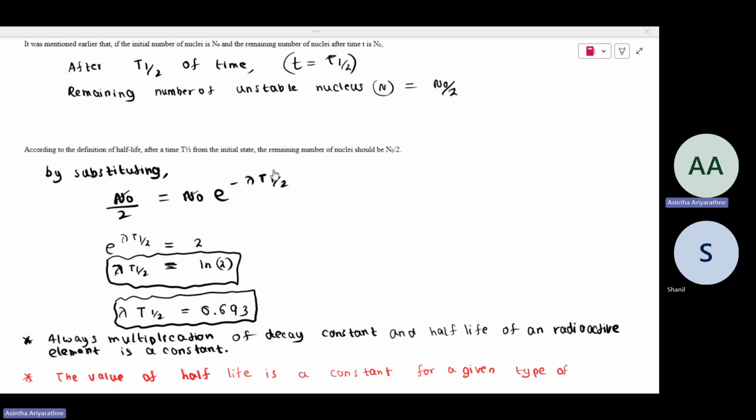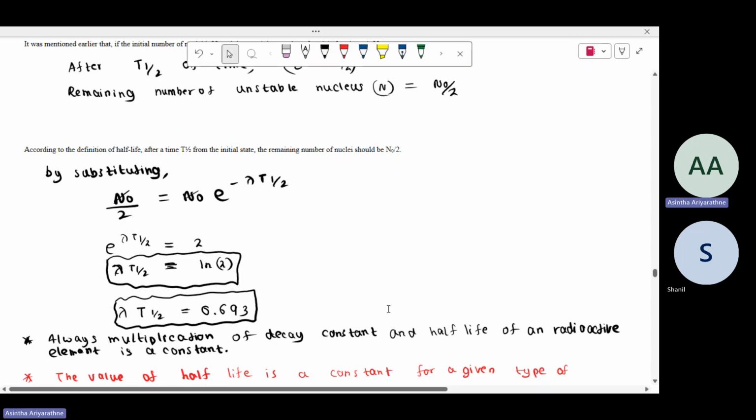It has a value of 2.71. The value of E is 2.71.